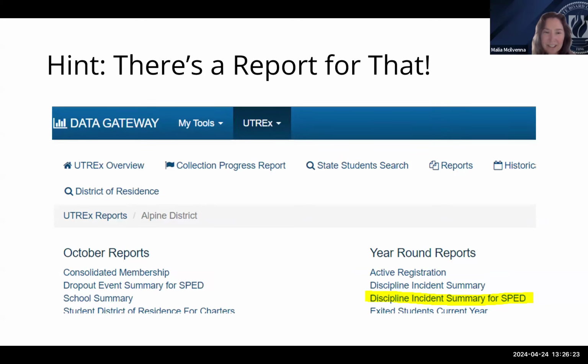Under UTREX reports, year-round reports, we have the discipline incident summary for SPED. This is one of the reports that your special ed director has access to if they have the LEA special education user role. And if they're using that report, then that is the answer to that question.